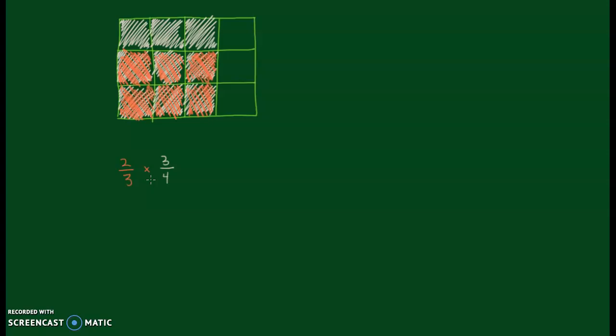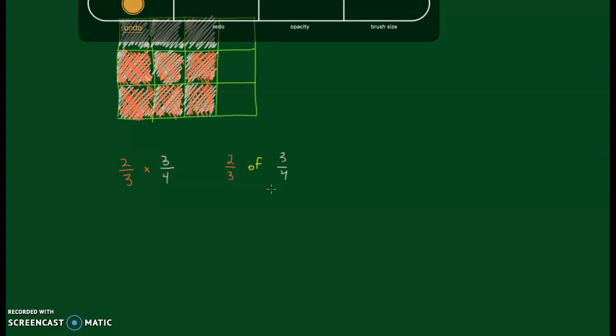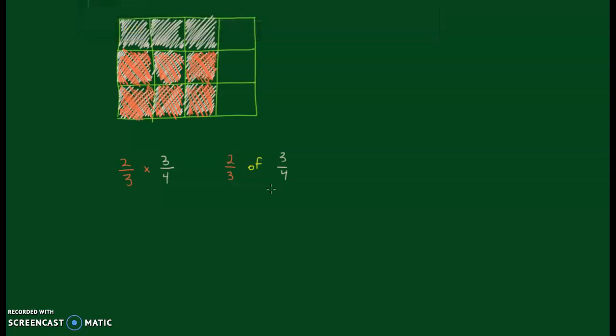So we've been talking about how this represents a multiplication problem, and if we go back a step further, we could also think of this as being written as 2/3 of 3/4.